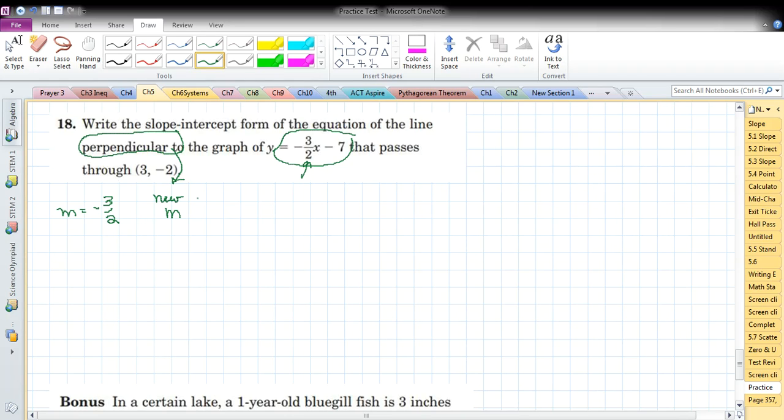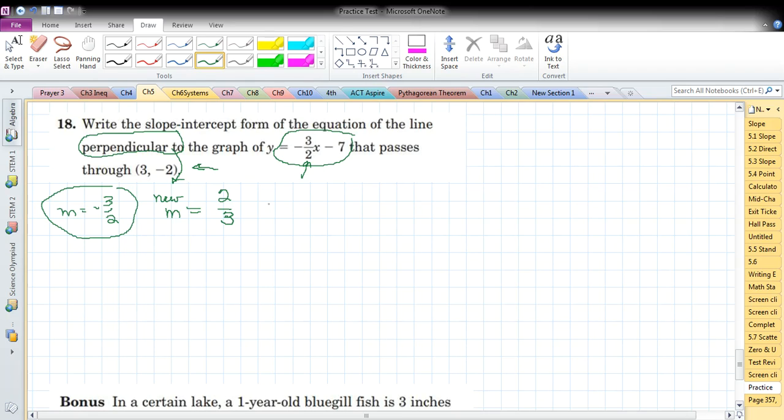So the new slope is going to be the opposite reciprocal of this slope. The opposite of negative is positive. The reciprocal of 3/2 is 2/3. So it's going to be a positive 2/3. That's my new slope.